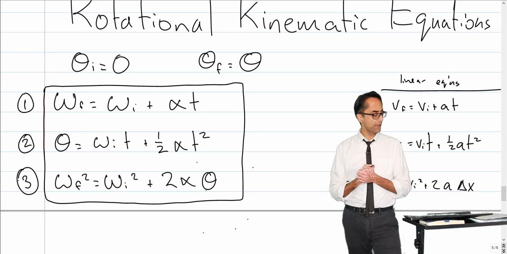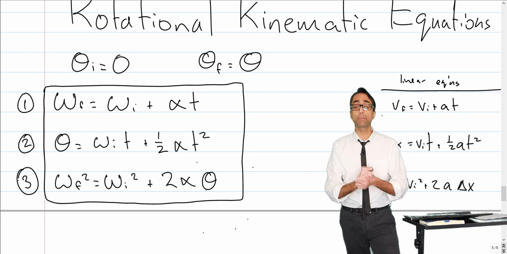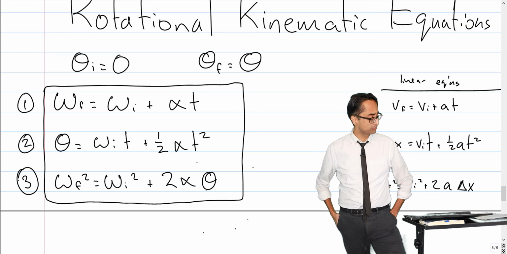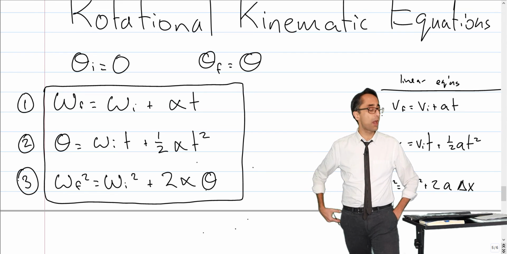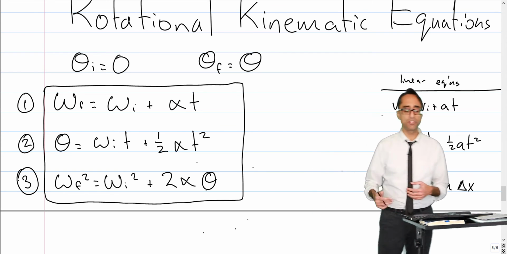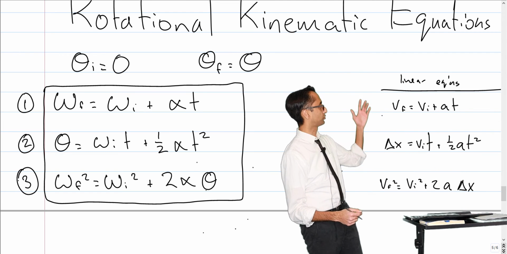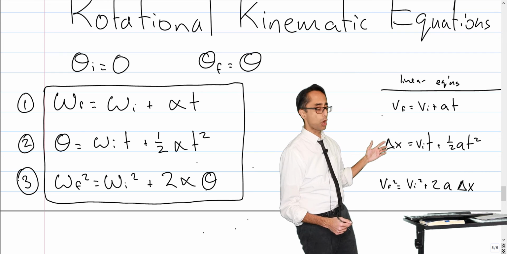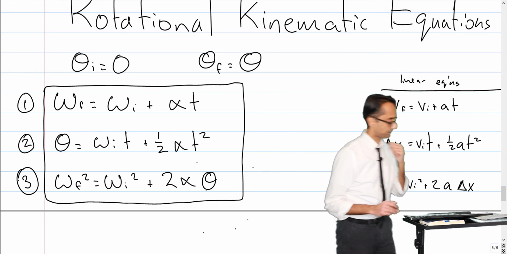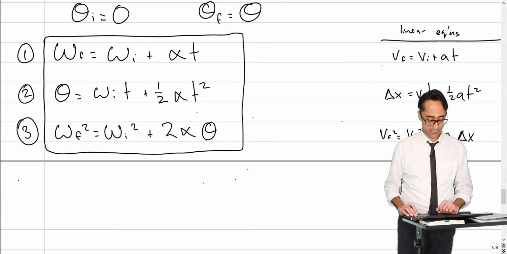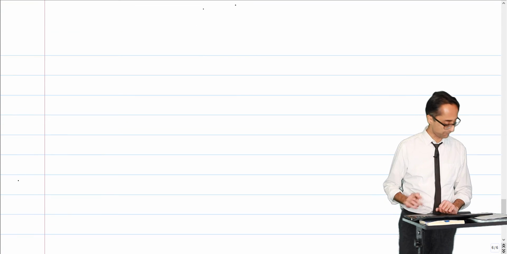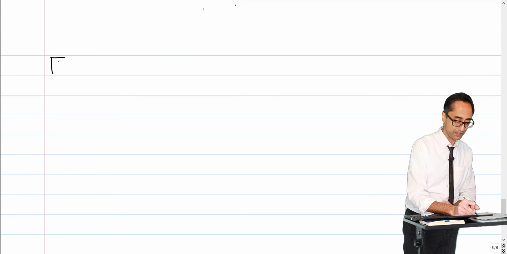And so why don't we do an example of a problem just to get our feet wet now with using these rotational kinematic values. Again, they're analogous to our velocity equations here. And so I want us to try the following as our first rotational kinematic problem.